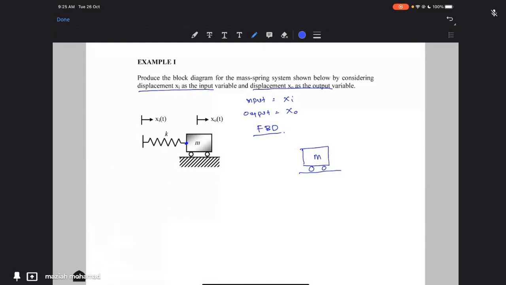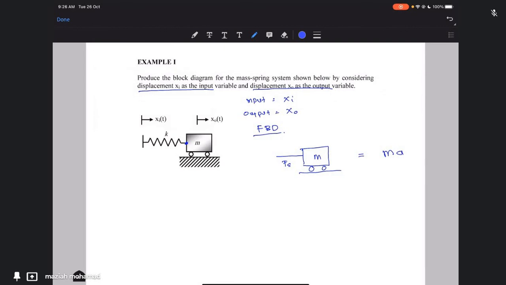When we apply input displacement to the spring, it produces a force and moves the cart. So we draw Fs, the force of the spring, and it equals Ma. The mass will have an acceleration due to the force.